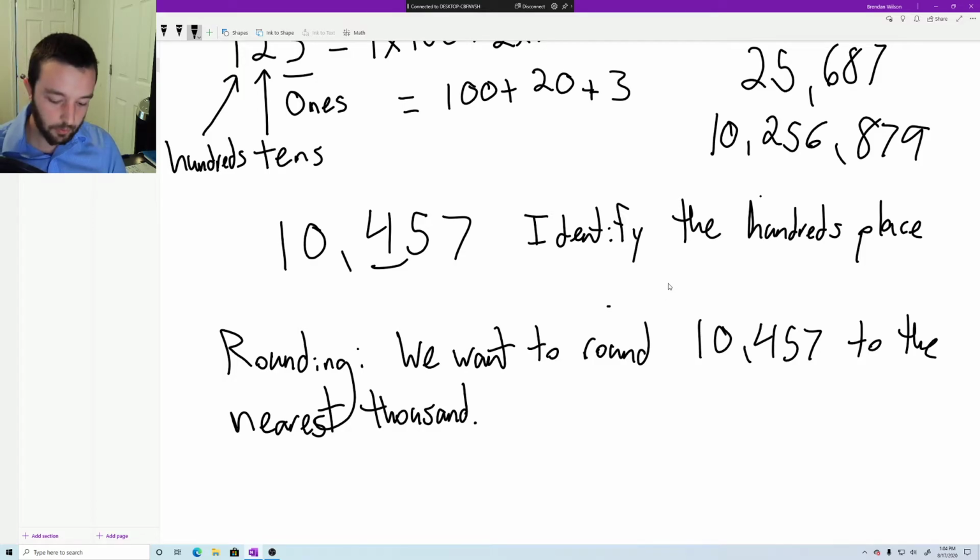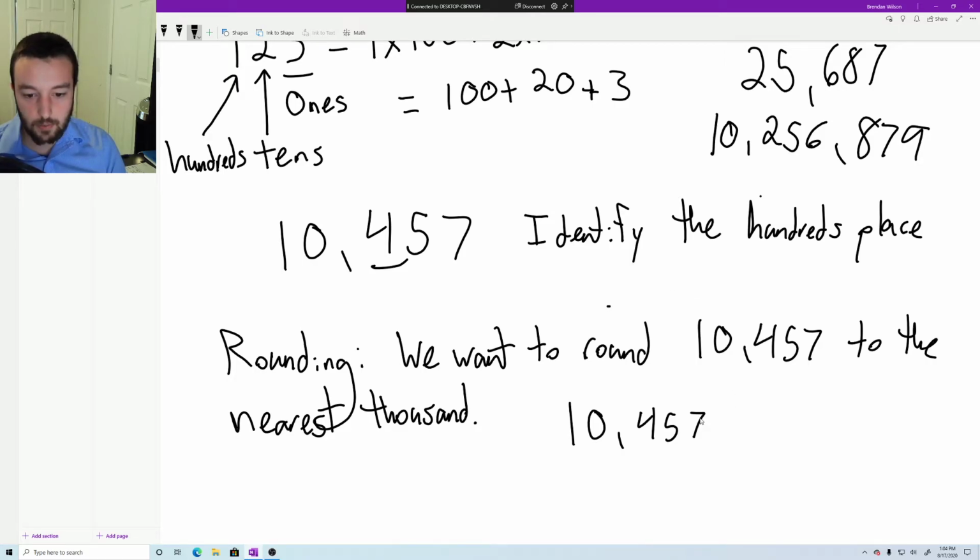Okay. So we look at the 10,457. If we want to round it to the nearest 1,000, naturally we should first identify which place is the thousands, right? And if we start from here, this is ones, tens, hundreds, thousands, right? So the 0 is the thousands place.